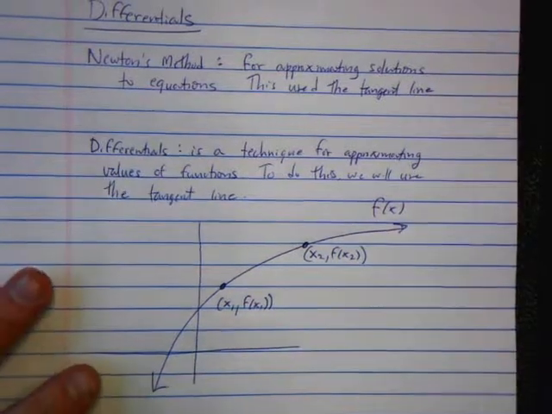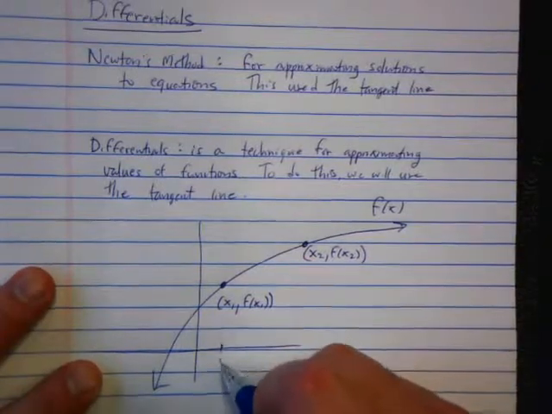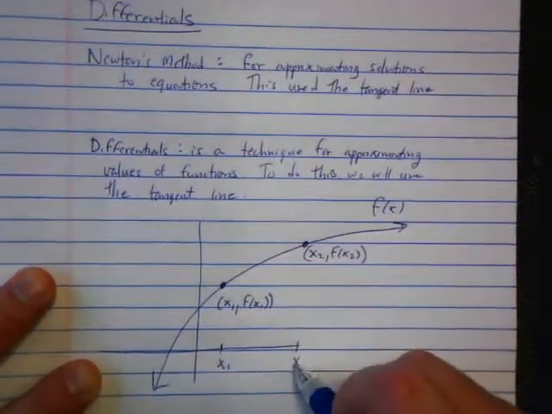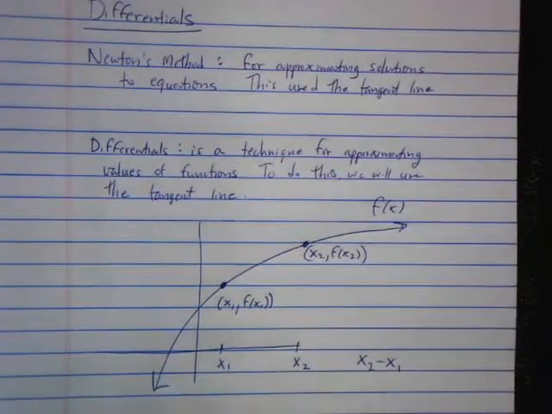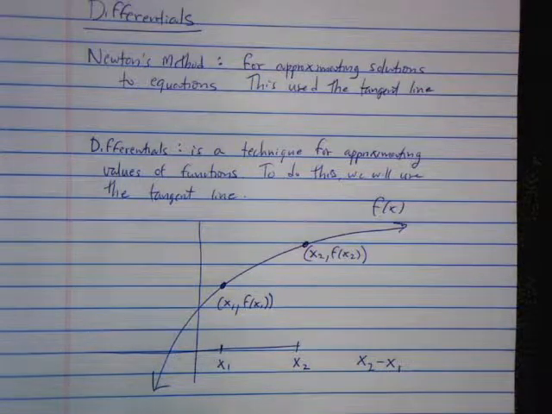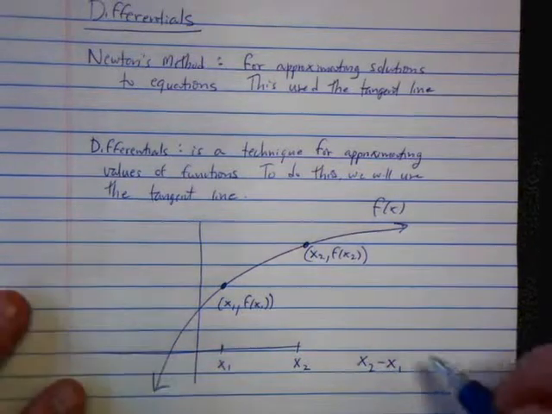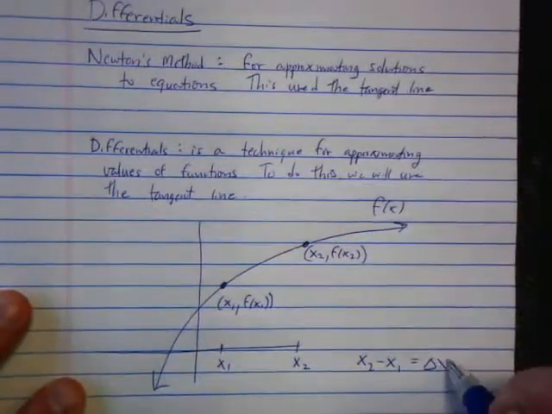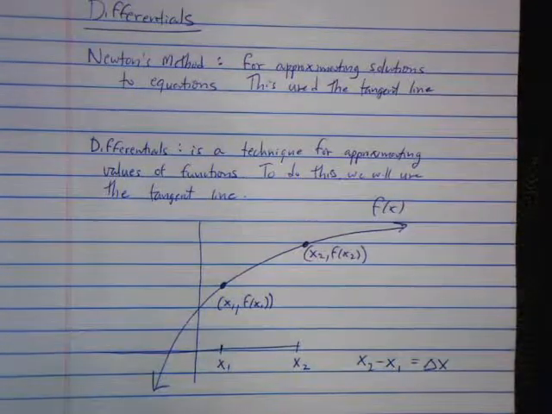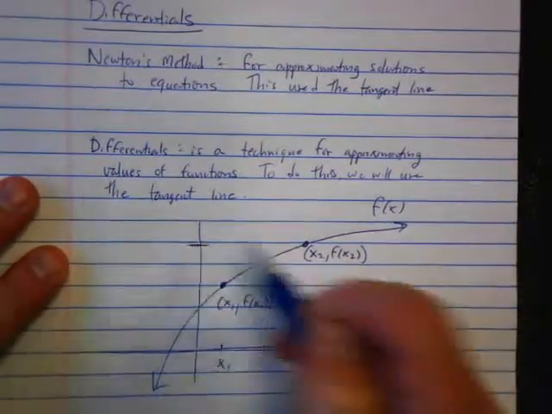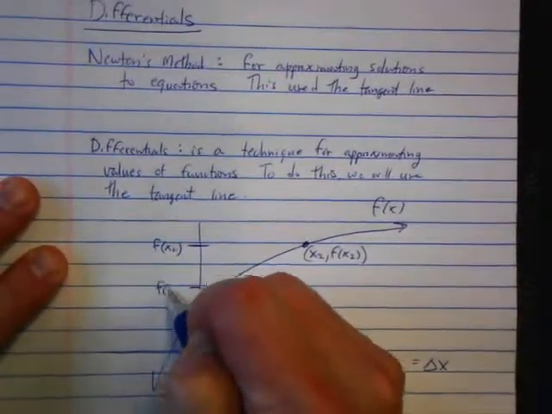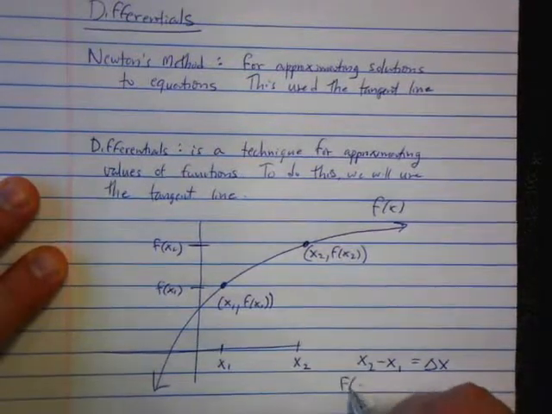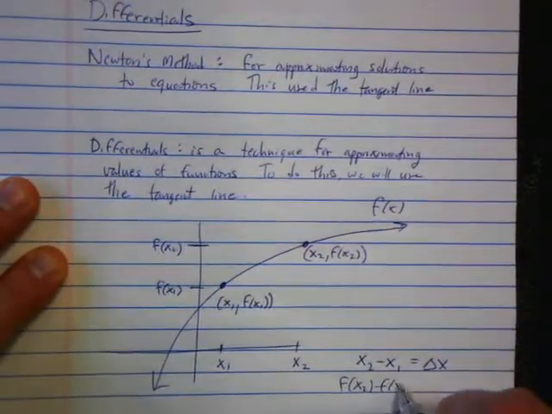All right, so we have a lot of notation in this section. Here's x1, and here's x2. So the first symbol we have is the difference in the x values, x2 minus x1. What do you think we should call x2 minus x1? Delta x is the common symbol used for x2 minus x1. And then we have these two values, f at x2 and f at x1, and we also subtract them, f at x2 minus f at x1.